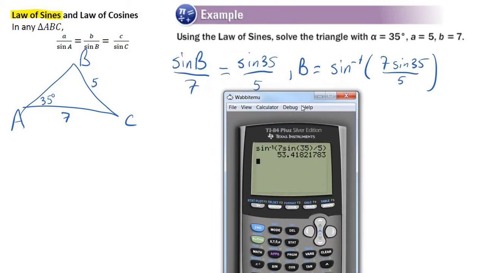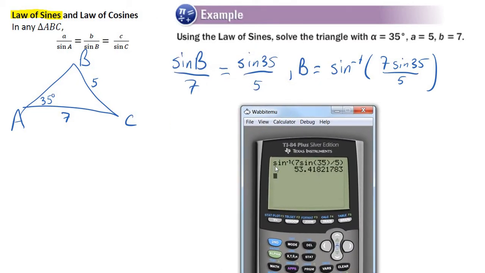And that gives us about 53.4. So let me come back over and record that. So angle B is about 53.4 degrees. And again, let's just go to one decimal place there.